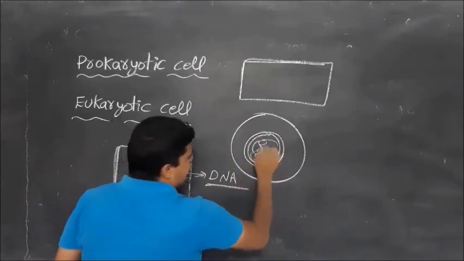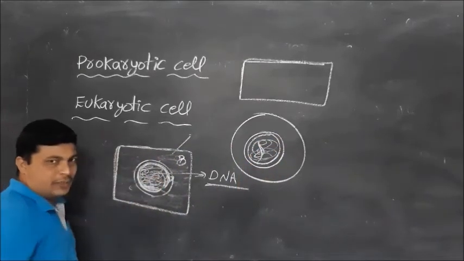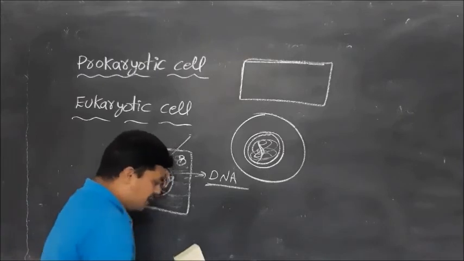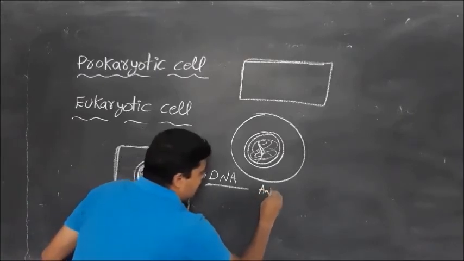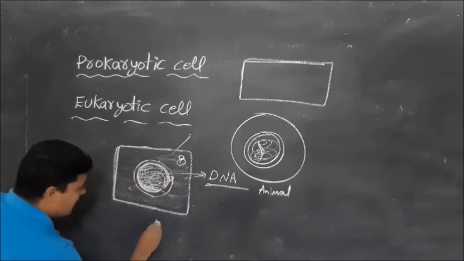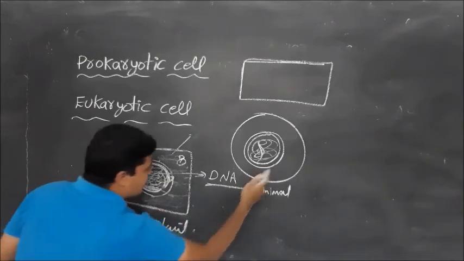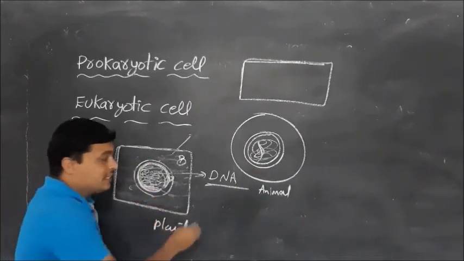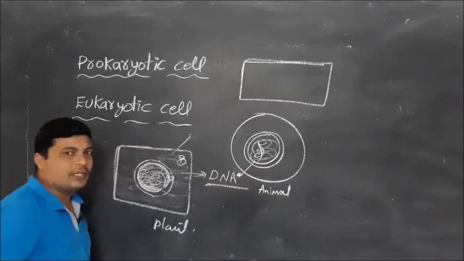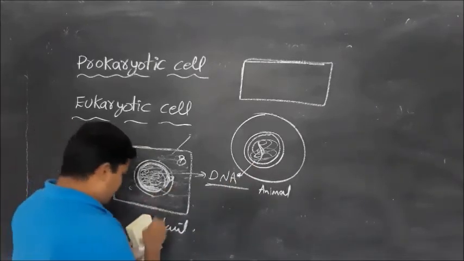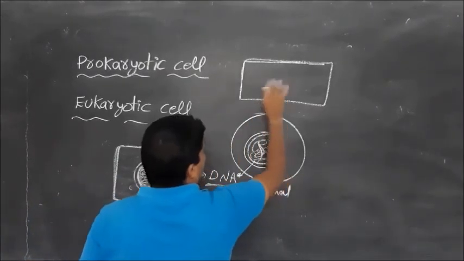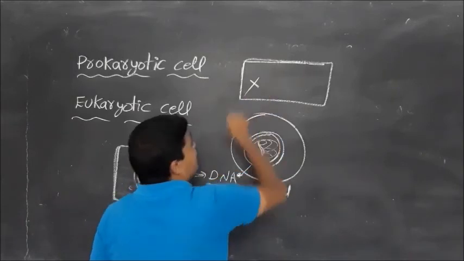Inside the nucleus, DNA is present. So, here also DNA is present. In animal cell and in plant cell, there is a separate chamber for the DNA. What is the chamber name? Nucleus.